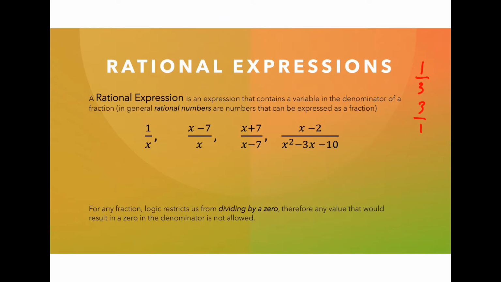Also, one of the things that we have to watch for with rational expressions, because in a fraction setting, it is illogical to divide any number by 0. For example, 3 divided by 0 would say, okay, we've got 3 items, and we want to break them into subgroups that have nothing in them.